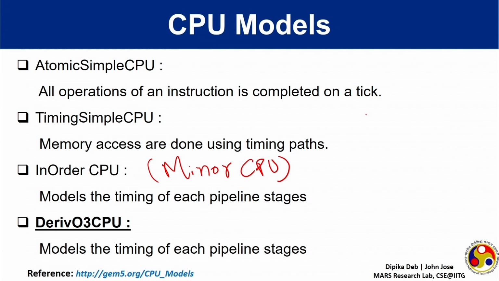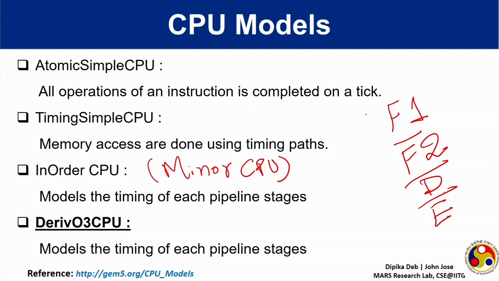In Minor CPU and out-of-order CPU, each pipeline stage is modeled with accurate timings as in a real system. The difference between these two models is that the in-order CPU is modeled as a 4-stage pipeline: the first stage is fetch 1, the second stage is fetch 2, the third stage is the decode stage and the fourth stage is the execute stage.